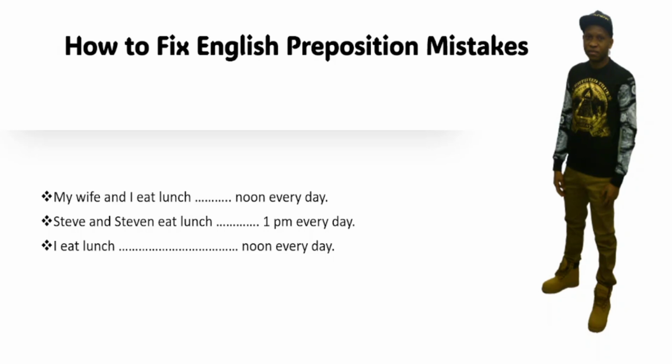My wife and I eat lunch at noon every day. Steve and Steven eat lunch at 1 p.m. every day. I eat lunch at noon every day. Right? So we're gonna see the answer to the next one.